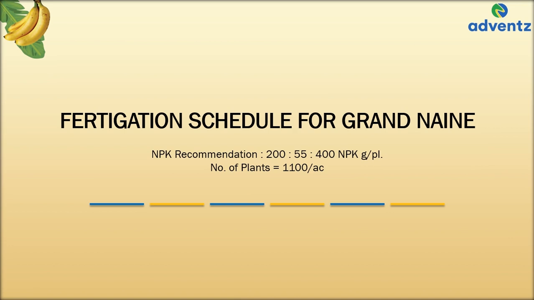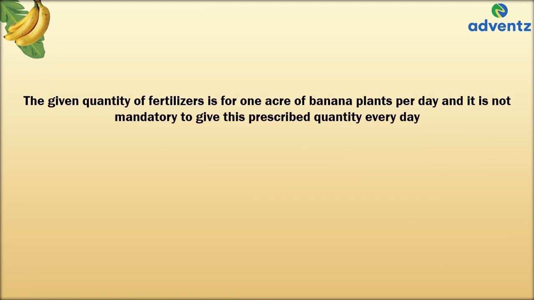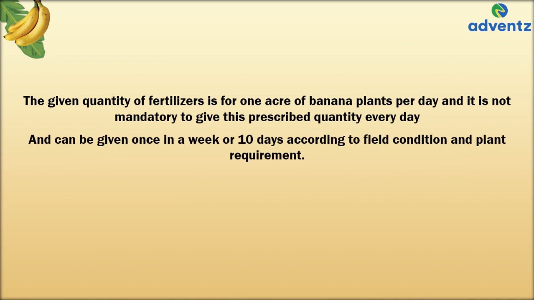Normally, the total number of plants under drip system per acre is around 1100 per acre. The given quantity of fertilizer is for 1 acre of banana plants per day, and it is not mandatory to give this prescribed quantity every day, and it can be given once in a week or 10 days according to field condition and plant requirement.